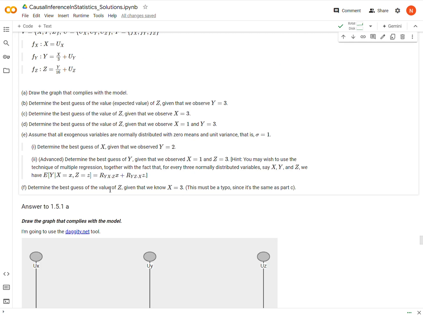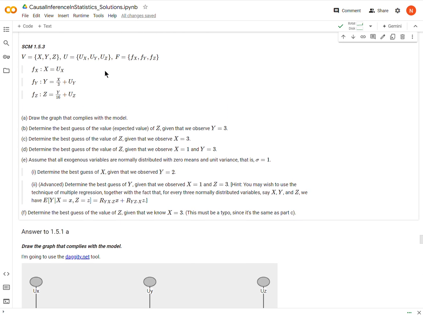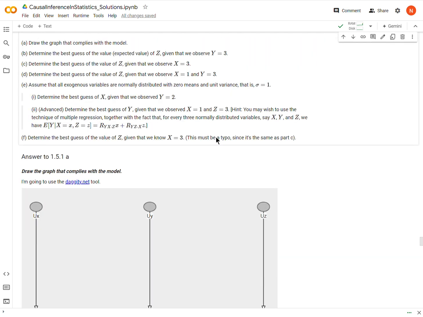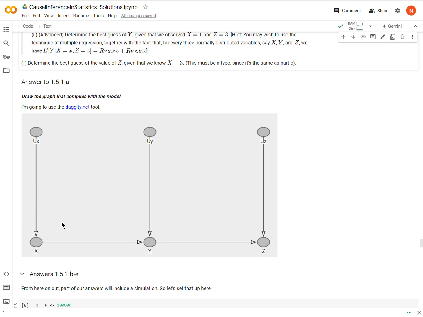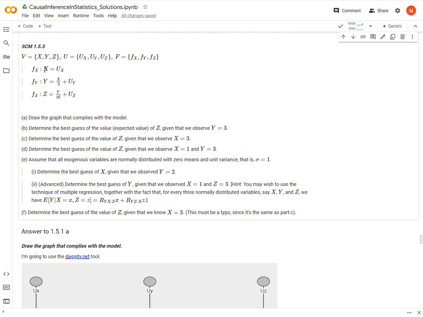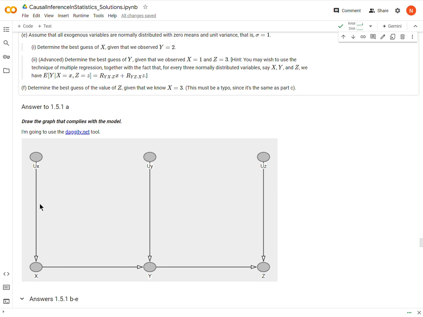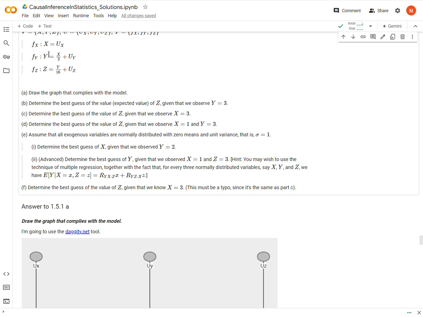Okay, so for part 1, we are meant to draw a graph that captures the description of the data that we're given. And this is what we have. We have our variables x, y, z. We notice that x is just u_x, so its only contributor is u_x.